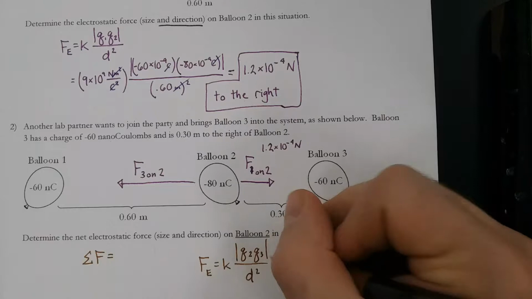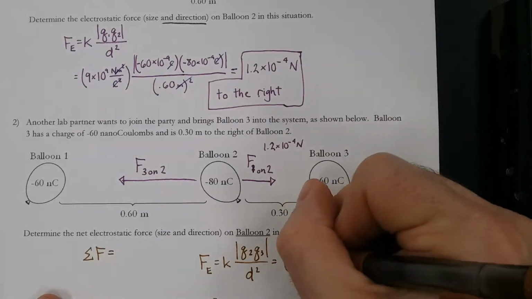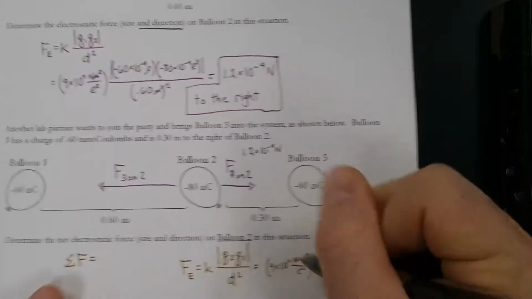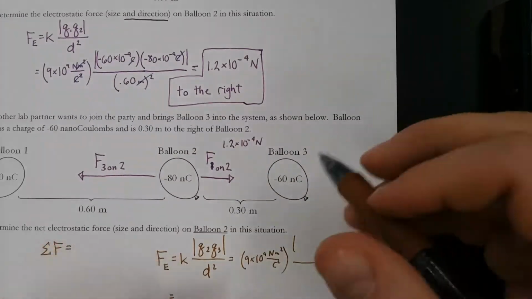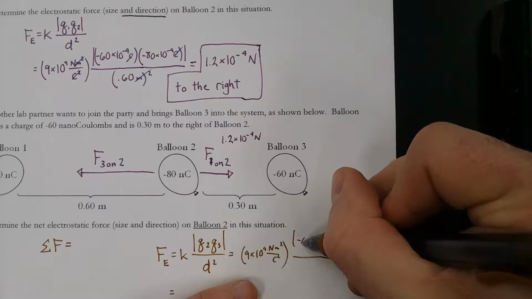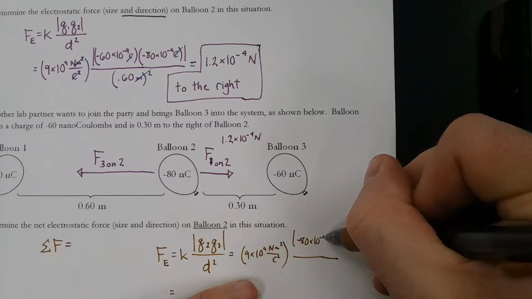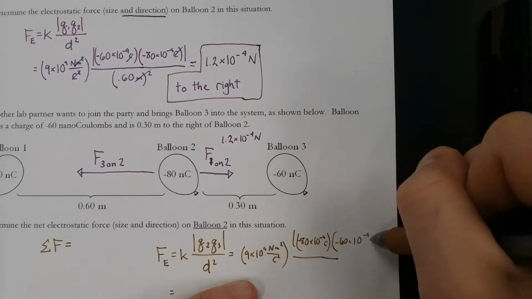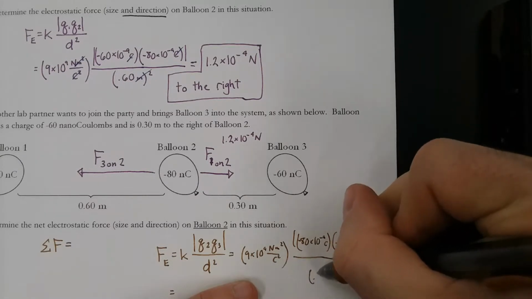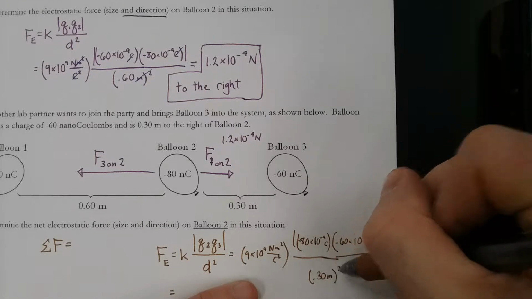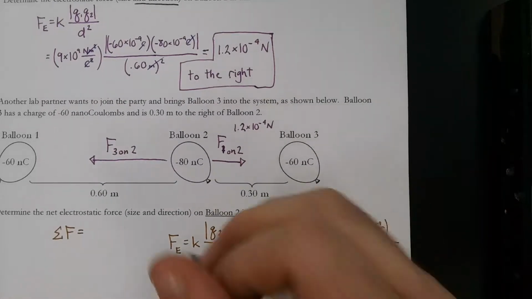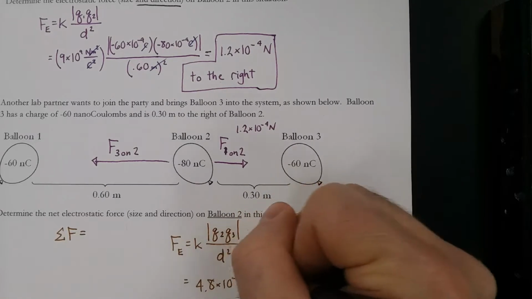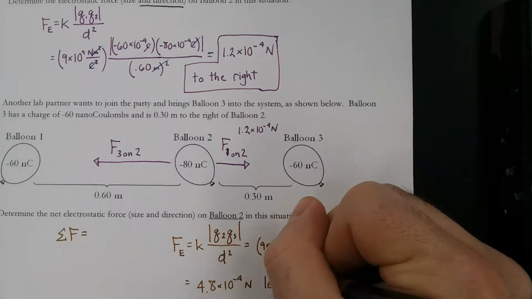And keeping track of my nanos, 9 times 10 to the 9th times the absolute value of negative 80 times 10 to the negative 9th coulombs times negative 60 times 10 to the negative 9th coulombs, all over 0.30 meters squared. That tells me that the electric force is 4.8 times 10 to the negative 4th newtons, and in this case it's to the left.